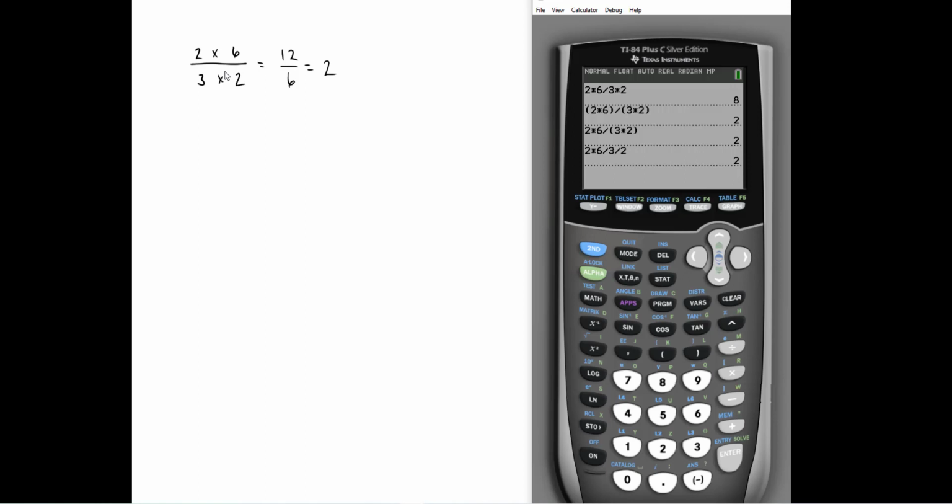I know that sounds confusing because there's a multiplication sign here, but remember, it's going in order. So this times this, and then you just divide by everything in the denominator. You could say 2 divided by 3 times 6 divided by 2, and you'd still get the correct answer. But the key thing is that you're always dividing by the values which are in the denominator.